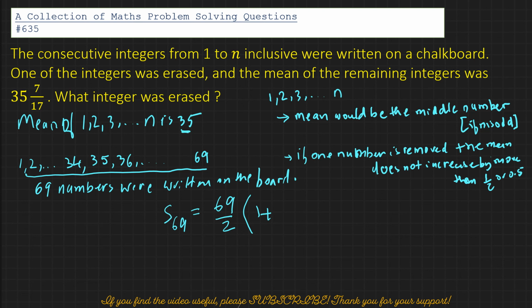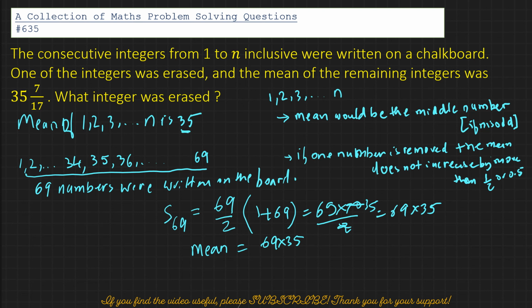So first term is 1 plus 69, so that is 69 times 70 divided by 2, and that is 69 times 35. So now the mean of 69 numbers would be 69 multiplied by 35 divided by 69. So that is equal to 35. So that proves that 35 is the mean of 69 numbers.